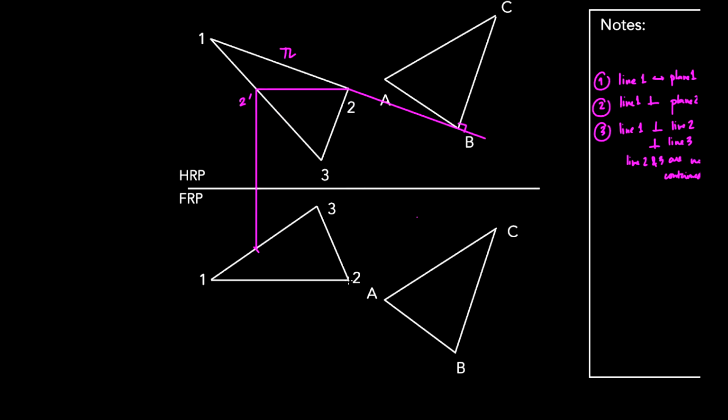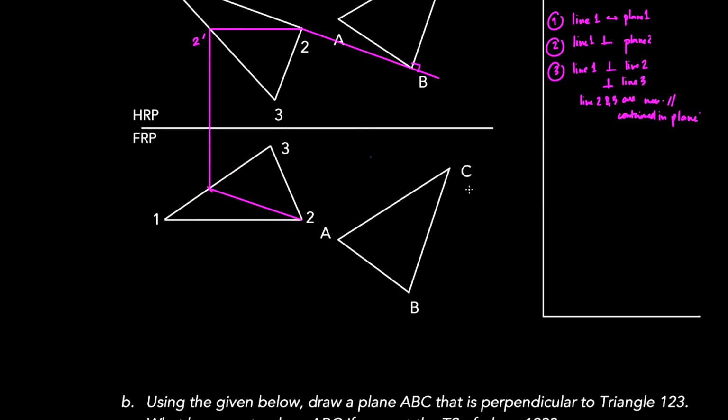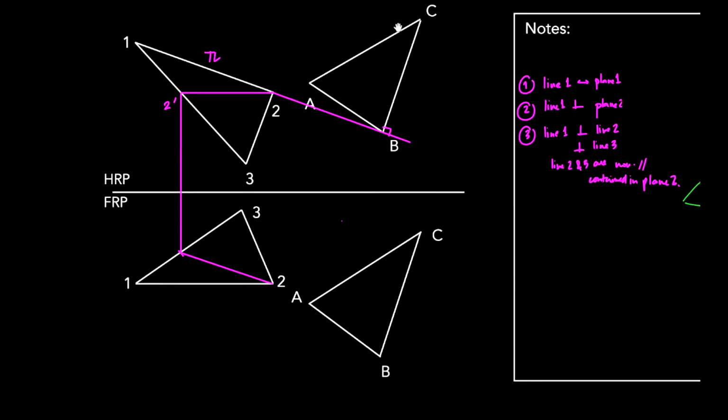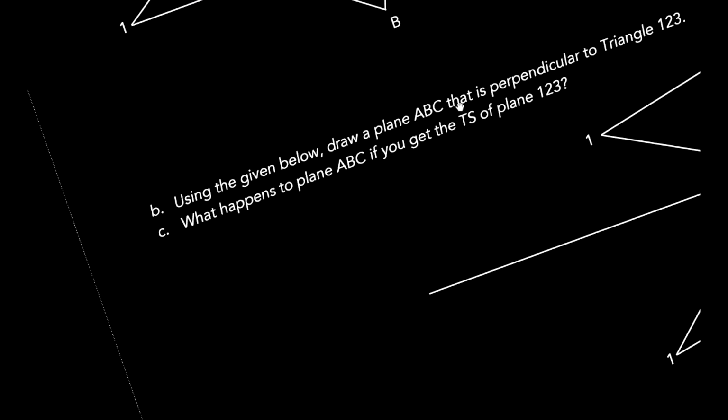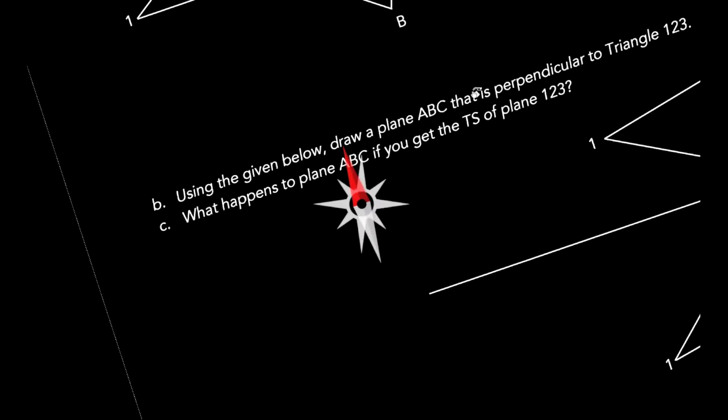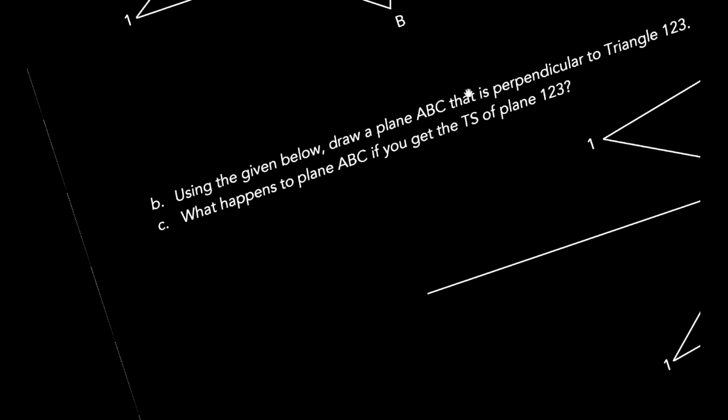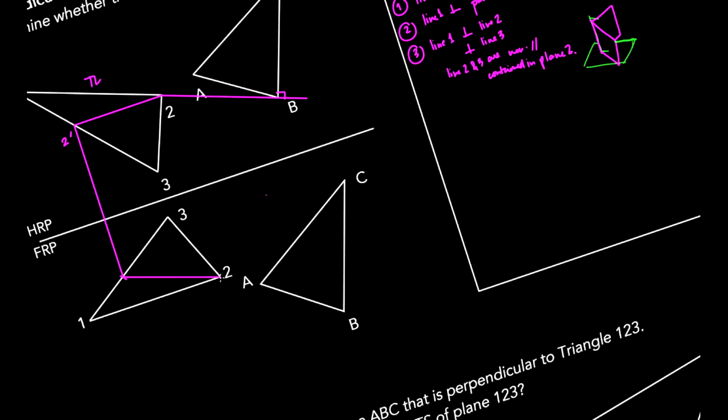If it is true that this plane is perpendicular to plane 1, 2, 3, then dapat, if I were to extend this, perpendicular dapat si 2, 2 prime, which is a true length, doon sa BC. Okay?